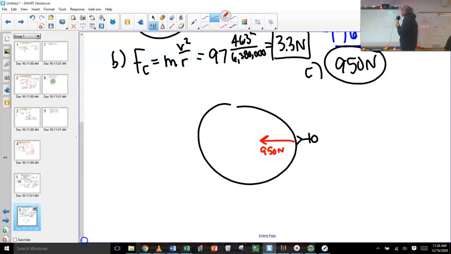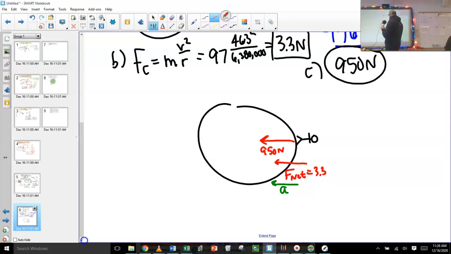Then there's 3.3 newtons it takes to actually accelerate you in that circle. So you need to have a net force in this direction of 3.3, because if you have a net force in that direction, then you have the acceleration that you need to go in that circle.